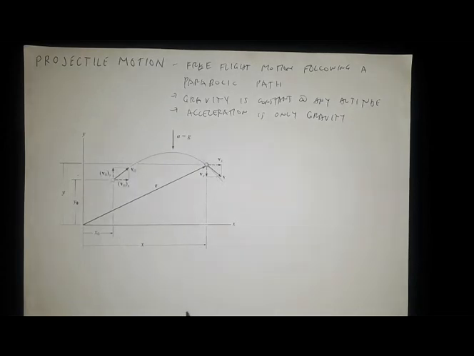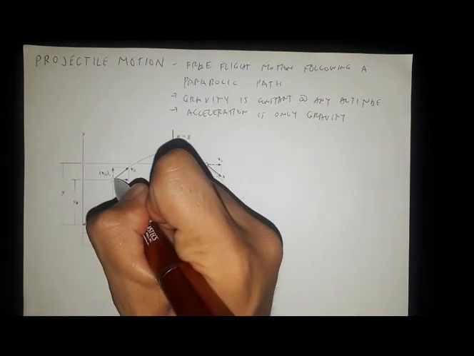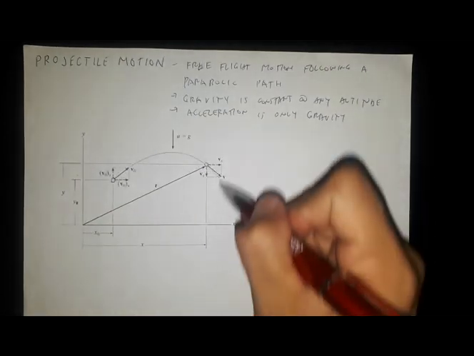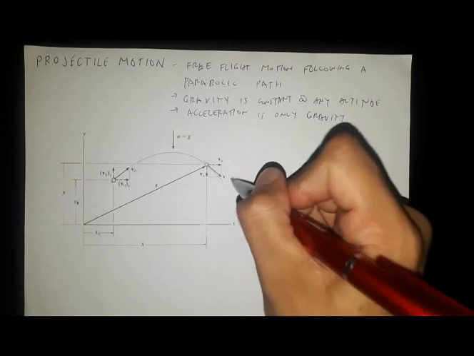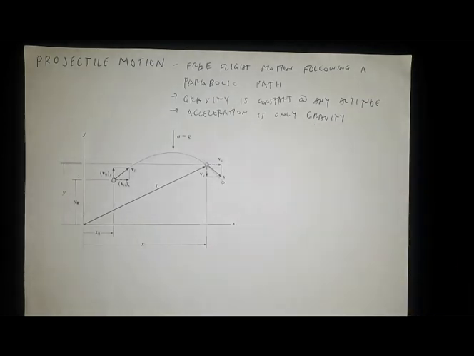So this is the setup of a projectile motion. This is the initial position of the particle, and this is the path of the particle, and this is the final position.